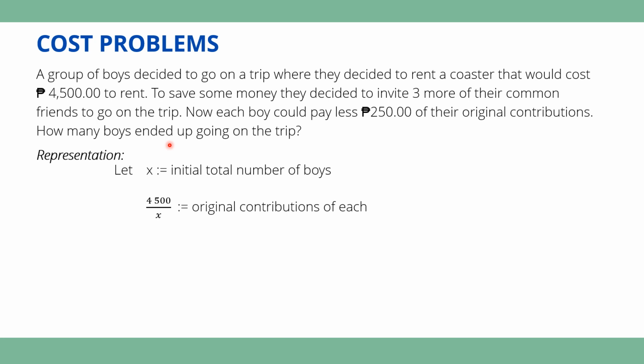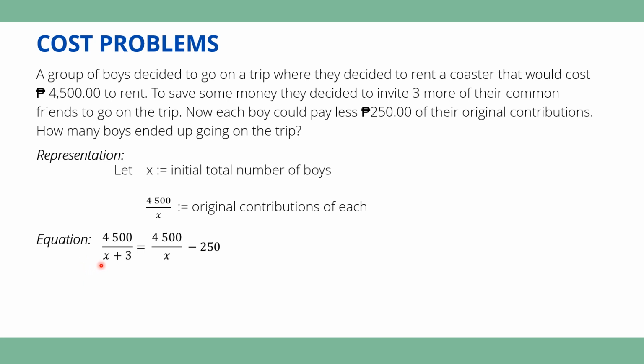Now, let's write our equation. So, sabi, to save the money, they decided to invite 3 more of their common friends. And, on the second statement, now each boy pay less 250 pesos. So, to write our equation, we will have 4,500. Ayan, no? From our second statement, you add 3.